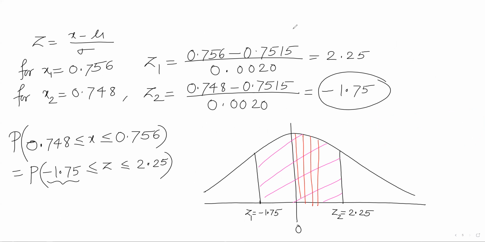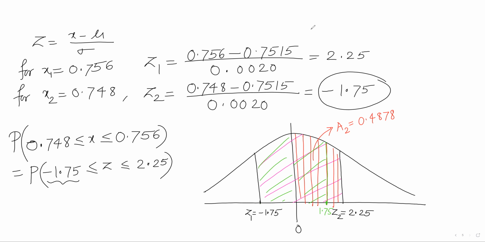This area from 0 to 2.25, let me call this area say A2, is given as 0.4878. Correct? Now being symmetrical on both sides, when I take 1.75 somewhere here, this area is the same as the area on this side.